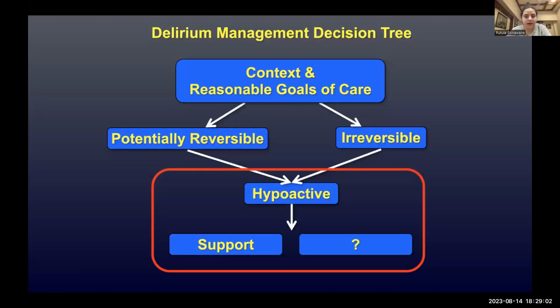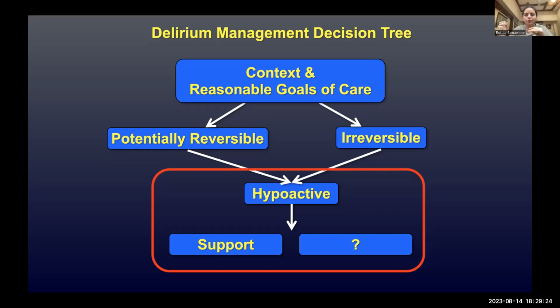Coming to hypoactive delirium, even if it's potentially reversible or irreversible, many of the times we will not even realize that the patient is having an episode of hypoactive delirium, because usually they are very calm and quiet and sleeping most of the time, and no one wants to disturb these patients.